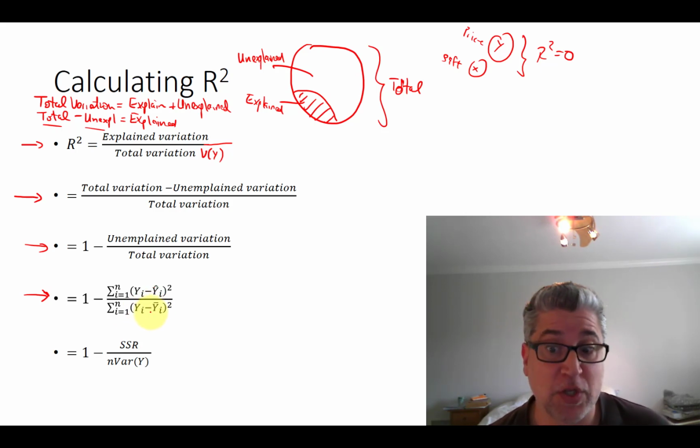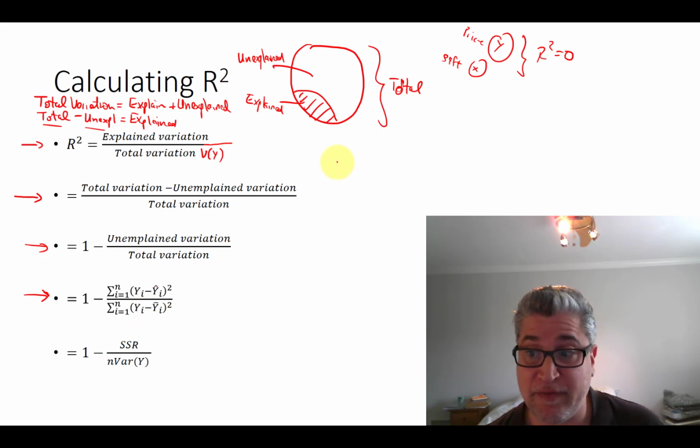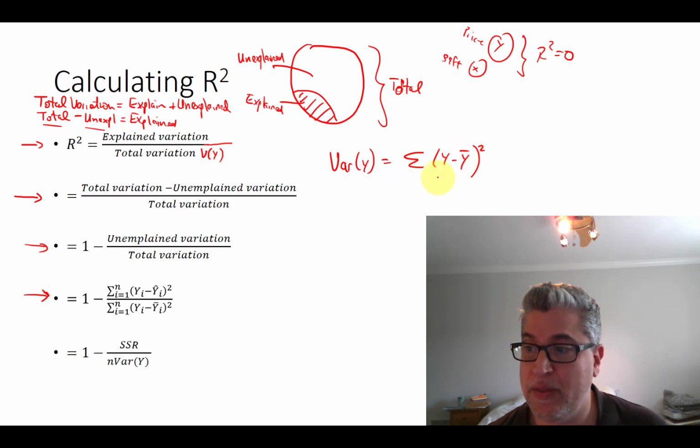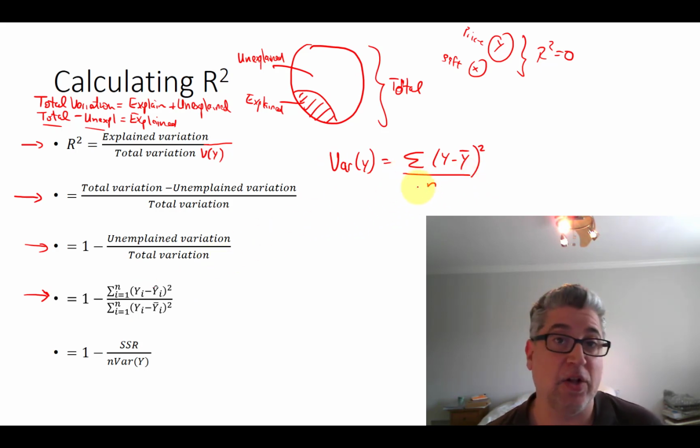So that's the total variation in y. Remember, the variance of y is y minus y bar, and then we divide by n. So total variation is really variance. It's just whether it's scaled by the number of observations.